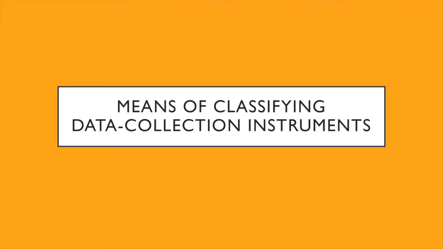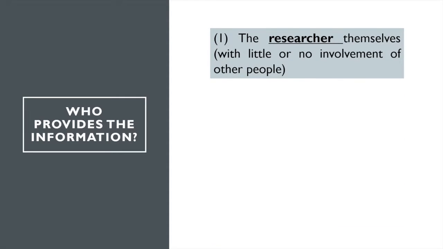Instruments can be classified in a number of ways. Here are some of the most useful. In educational research, three general methods are available for obtaining information. The researcher can get the information from number one, the researcher themselves, or with little or no involvement of other people.